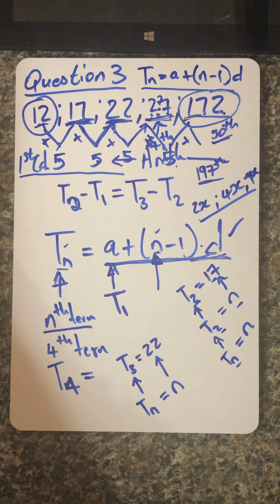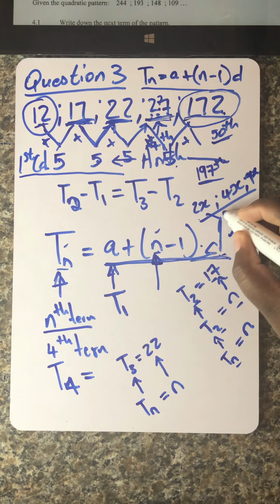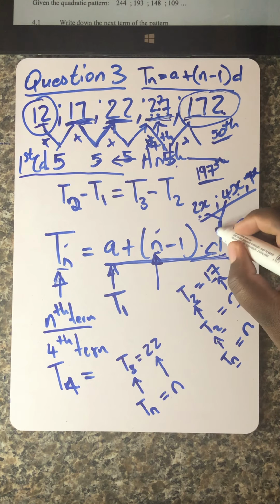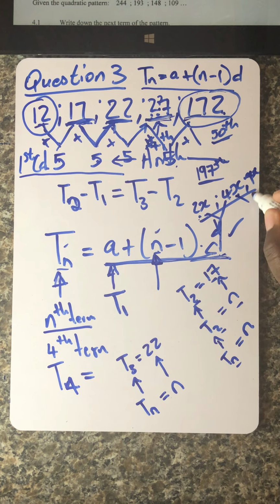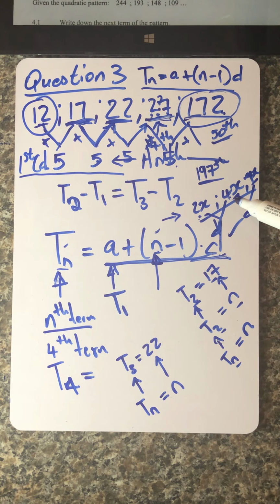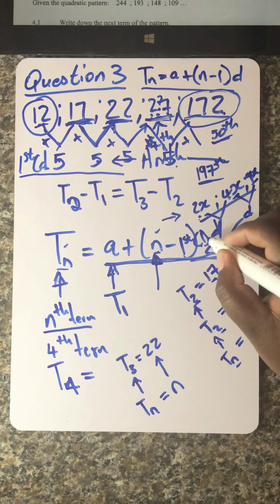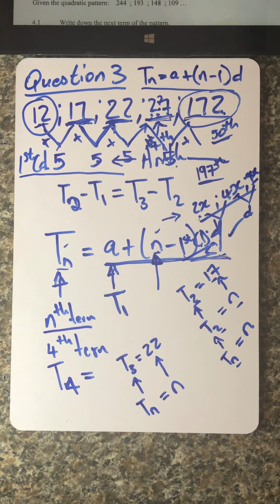Okay, assuming that this one that I've given you as an example was a linear pattern, you know that the first two terms will give you the difference, and obviously the third and the second term will give you the difference. And because it was specified that this was a linear pattern or an arithmetic sequence, then you know you've got what we call the first common difference. I used to call it the first CD.